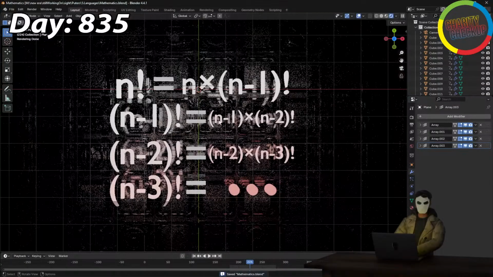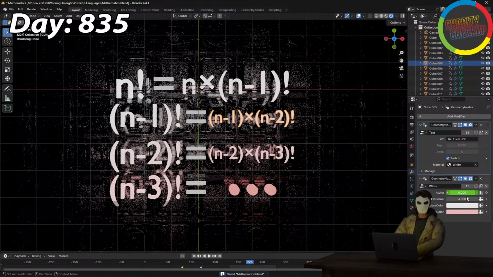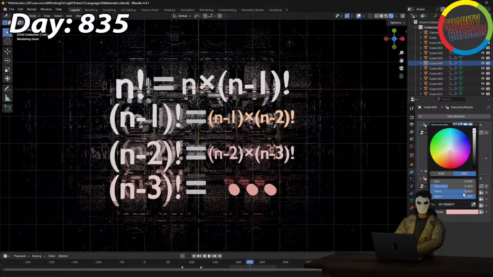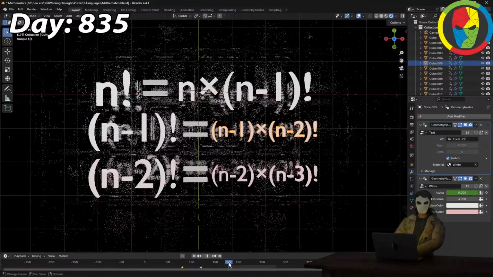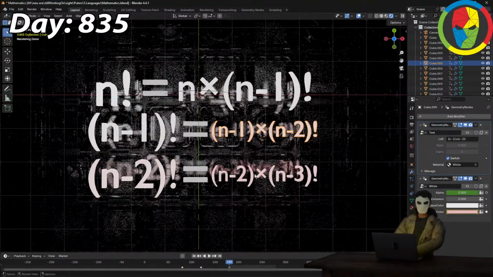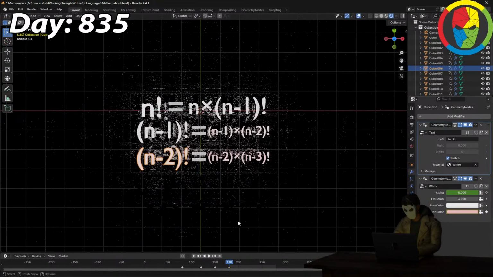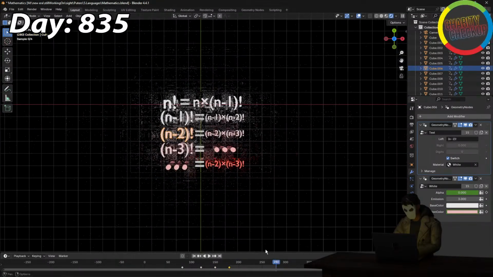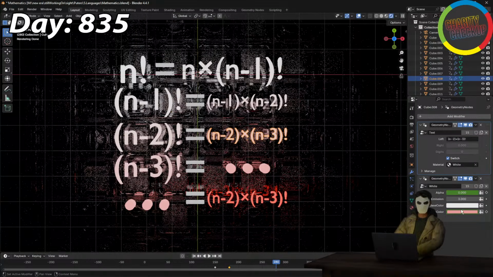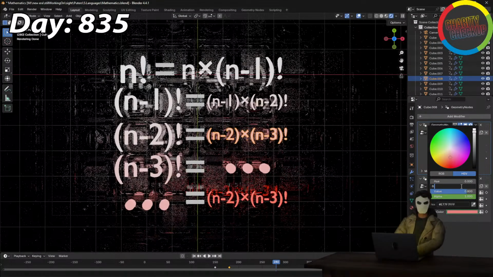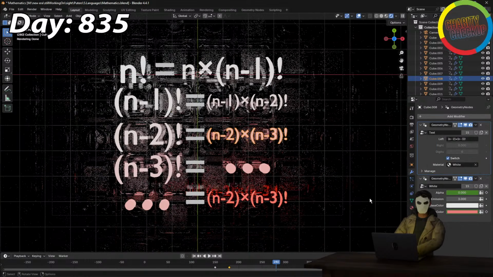Now for a quick sleight of hand, because I messed up with the colors. Oh, this is this one, okay. Let's just keyframe all of the colors, and let's just fix them up. So right here, this one will be a little bit higher saturation, 0.75 for example, should work.